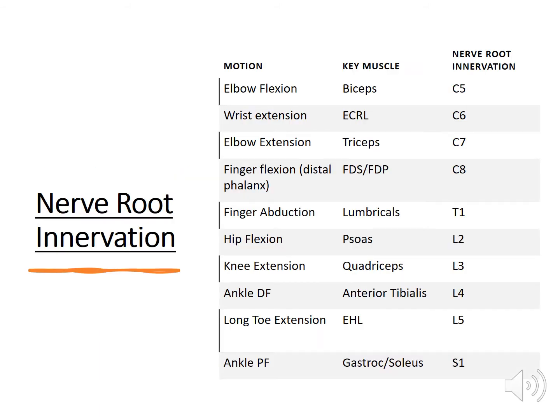Alright guys, so this is another very, very important slide. This is very telling as to what your patient is going to be able to do depending upon where the injury was.